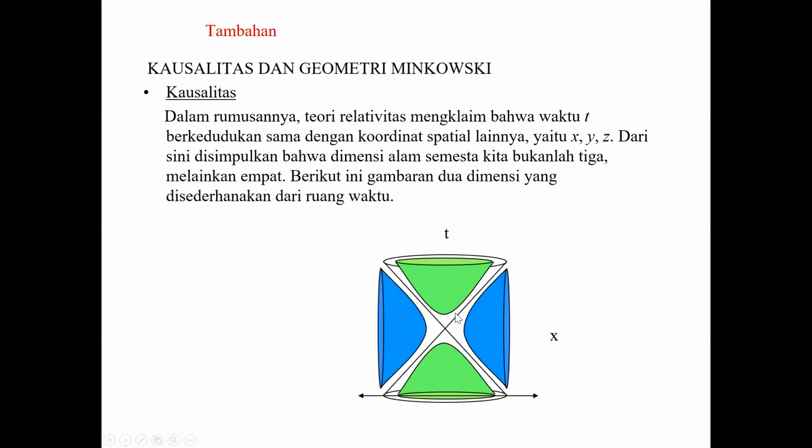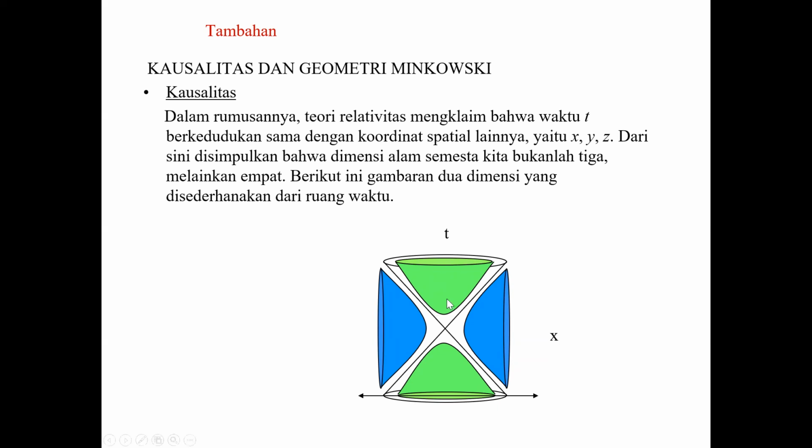Basically, the particles that live in this green region have rest mass, which means they are massive, and their speed is less than the speed of light in vacuum.